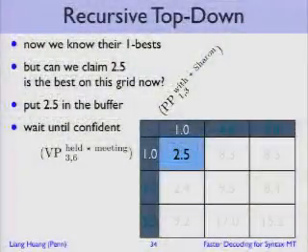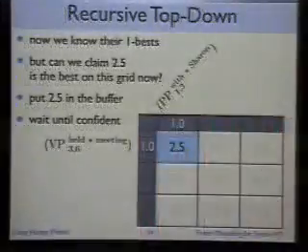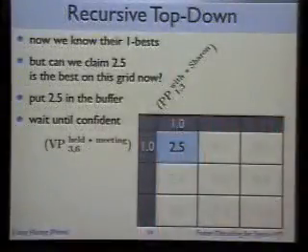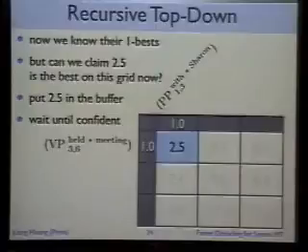And after some recursion, it figures out their respective one bests. So it says, oh, my one best is with Sharon, and my one best is held meeting. Now you know the top left corner, so at least you know one derivation for this bigger VP node. But can you claim right now that this 2.5 is the best in this grid?